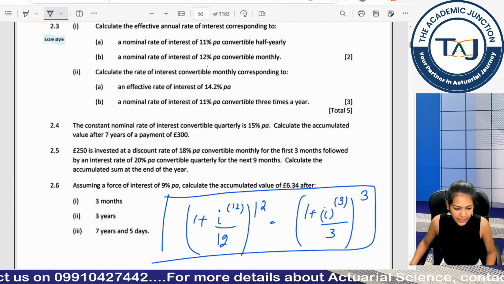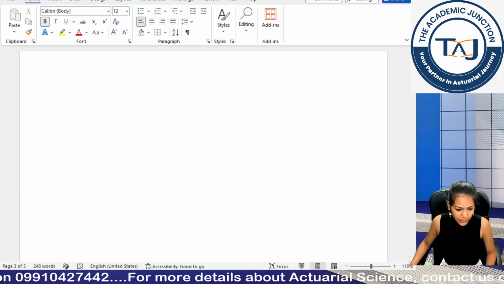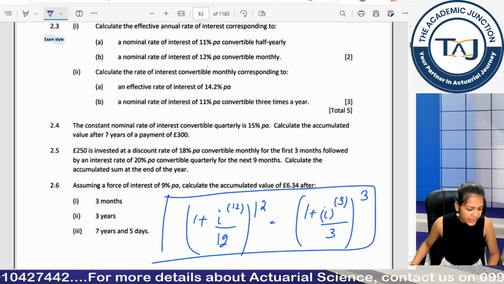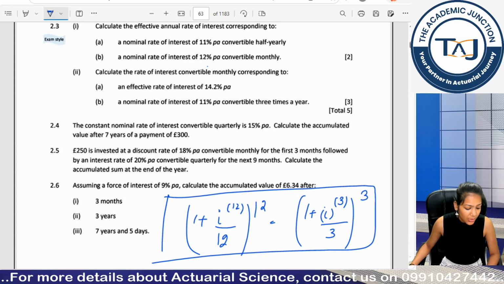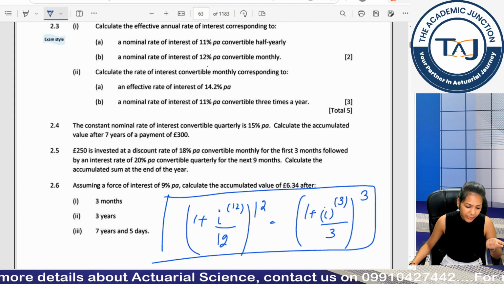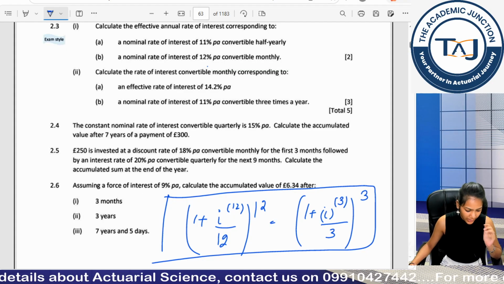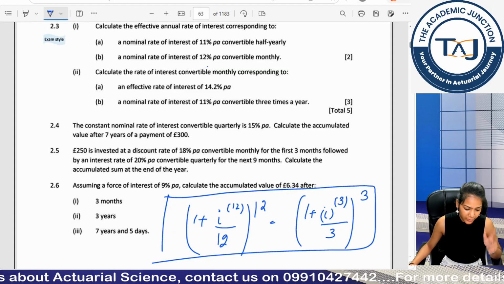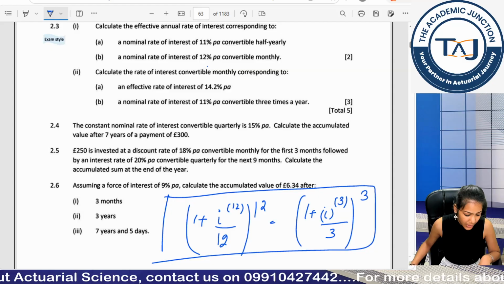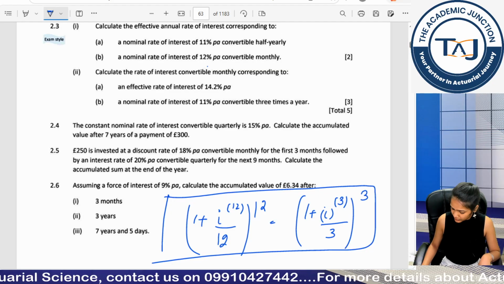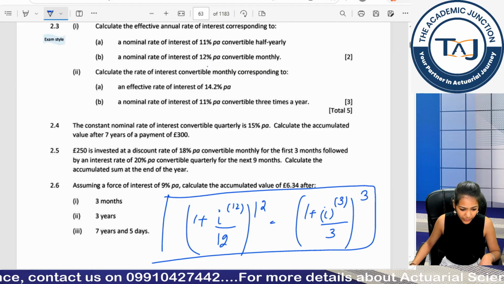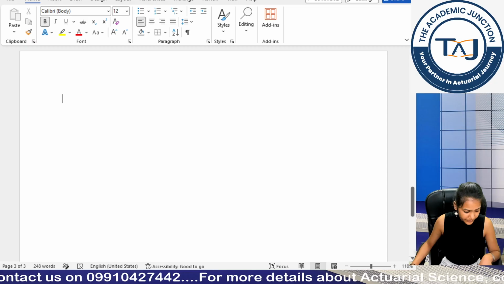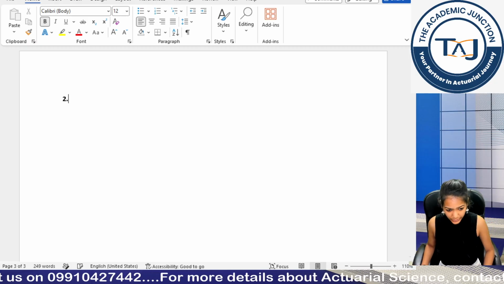So let's start. Let's read this question. Calculate the annual effective interest rate corresponding to part A, a nominal rate of interest of 11% per annum convertible half yearly, and then part B is a nominal rate of interest of 12% convertible monthly. So let's do it. So we are doing question 2.3.